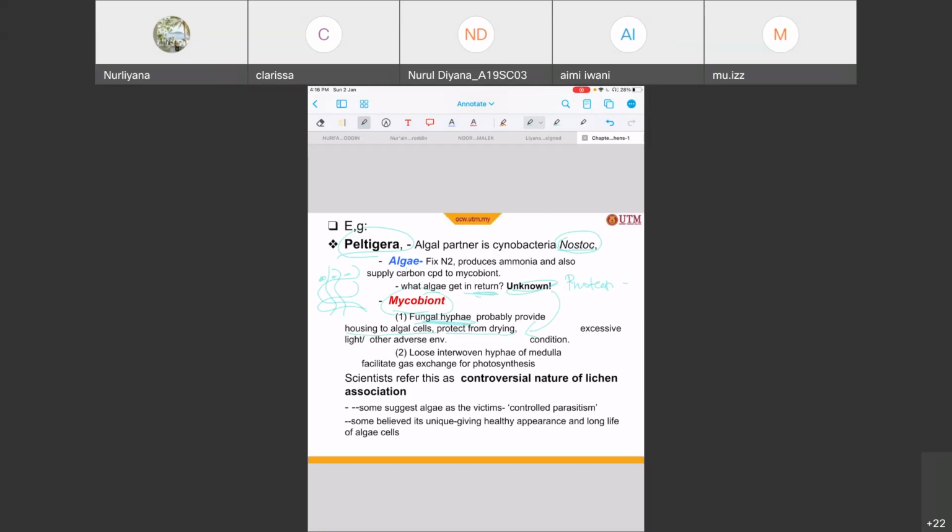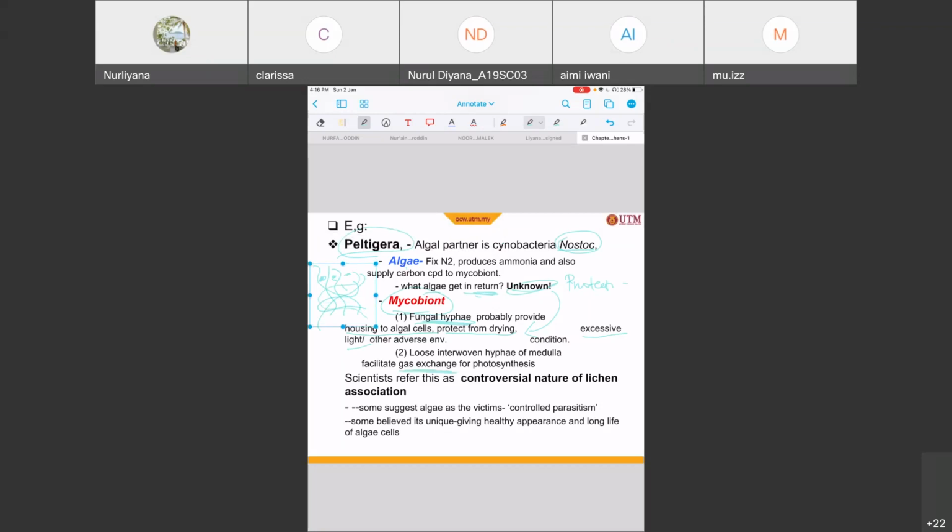Okay, to prevent them from excessive light. And why is the hyphae in a loose structure? Because they will provide a space so that the gas exchange process can happen in the hyphae.